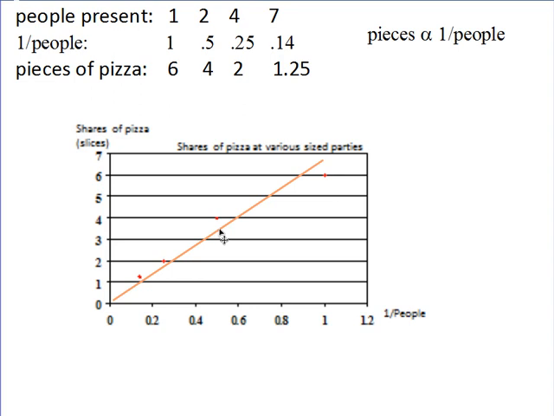But it would not be ridiculous for me to state that the relationship is an inverse proportionality, and the evidence would be that I claim I see a straight line passing through the origin. So pieces are directly proportional to inverse people, which is the same as saying pieces are inversely proportional to people.